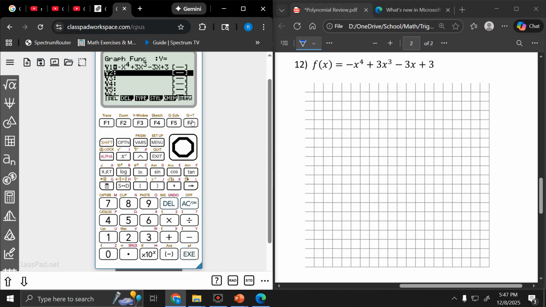And that will just show me what it should look like. Go ahead and draw the points. All right, we should get something like this.